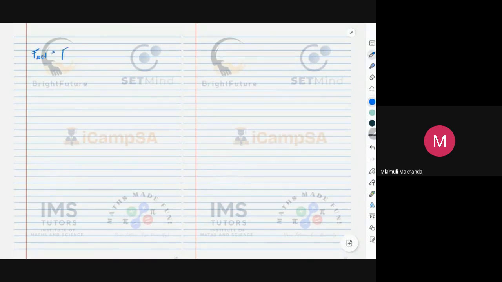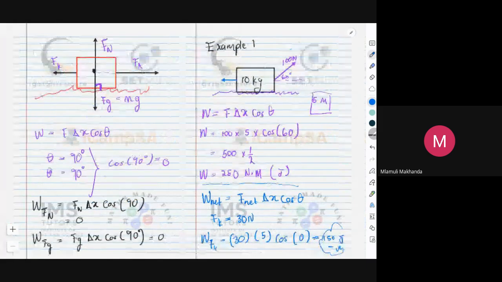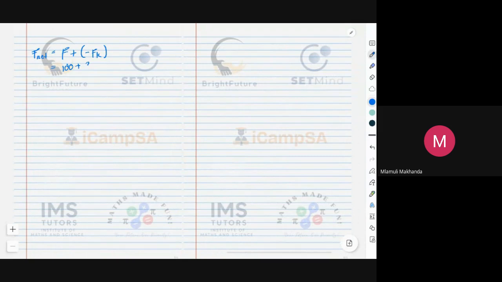F net is going to be the applied force plus minus Fk, which is your friction. We already know the force is 100, and we've got friction here as 30. This is minus 30. So here you can have 70 newtons, which is your F net.